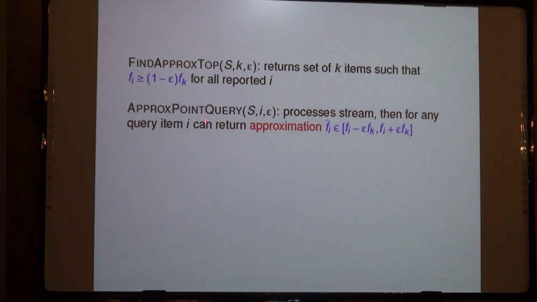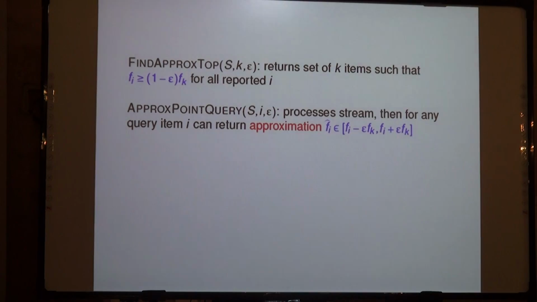Similarly, before we design a primitive for this problem, we will design an approximate point query primitive. It again takes the stream, an item i, and a precision parameter epsilon, and it processes the stream. Then given an item i, at every point it will be able to report an approximation to the number of times we have seen i in the stream.